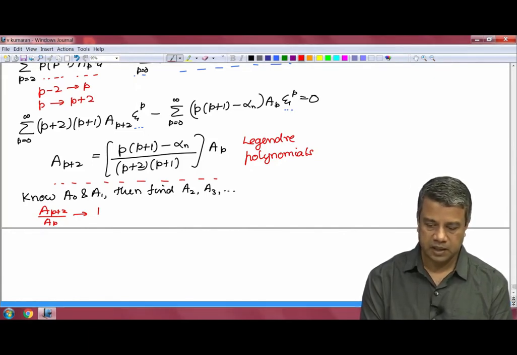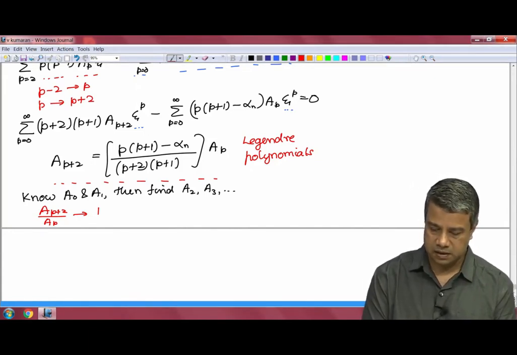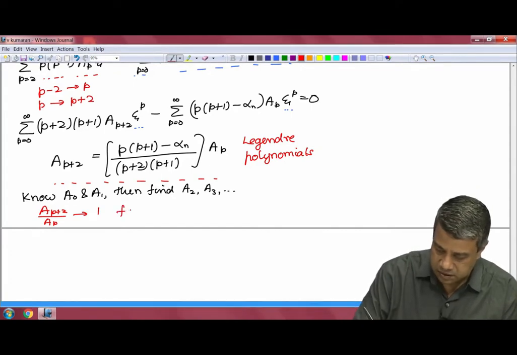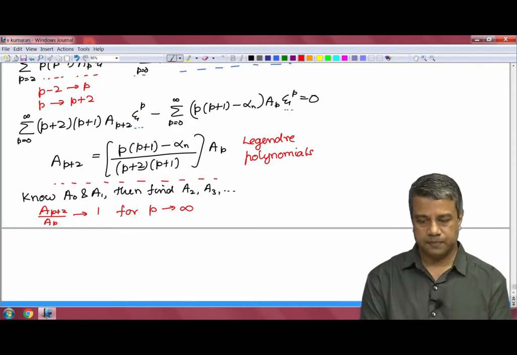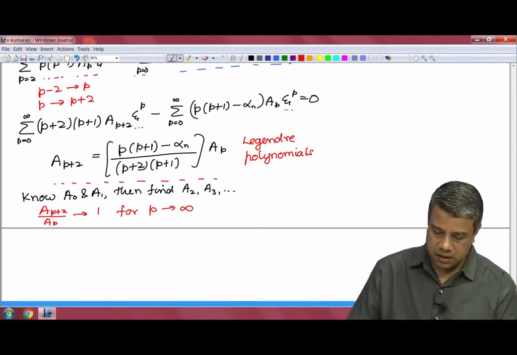In the limit as p goes to infinity, this coefficient goes to 1.